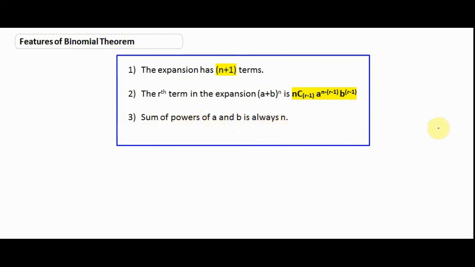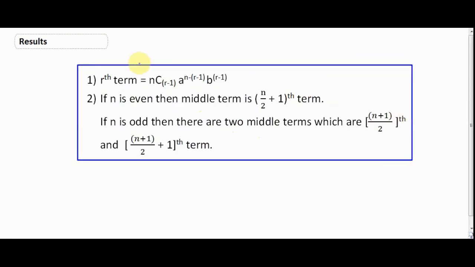Now let's see two results related to the binomial theorem. The rth term, we already discussed this one. The rth term is equal to nC(r-1) a^(n-(r-1)) b^(r-1). So this is very important, the expression of the rth term in the binomial expansion.